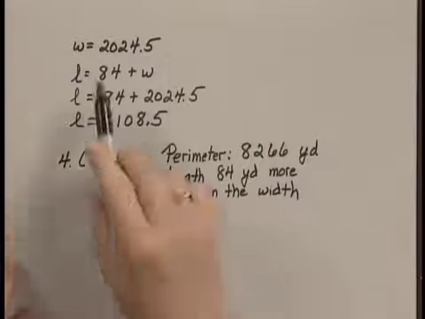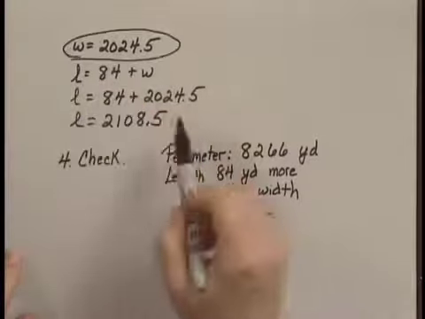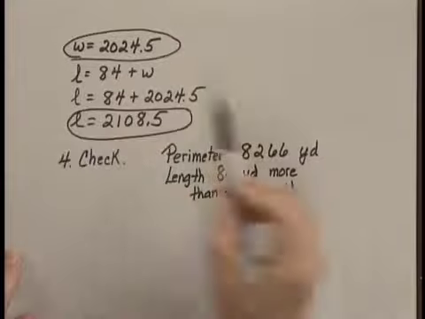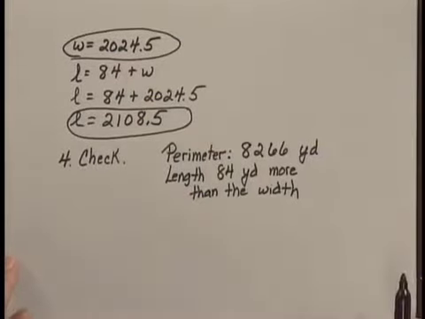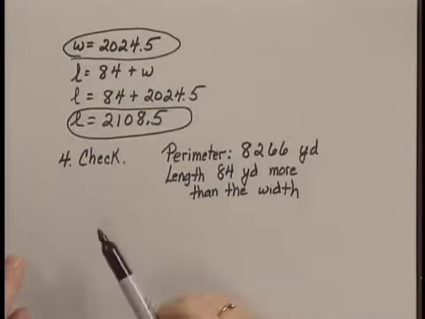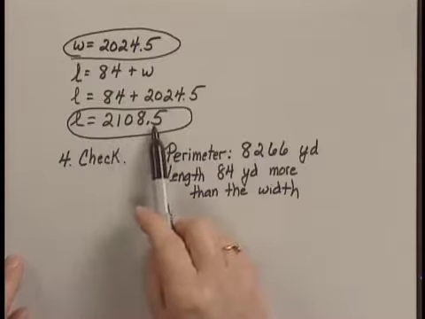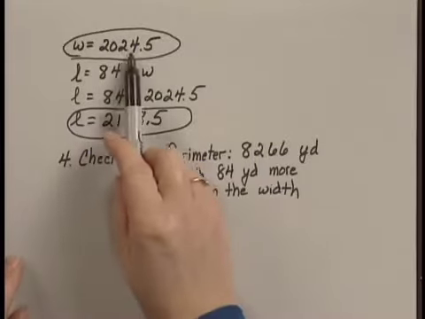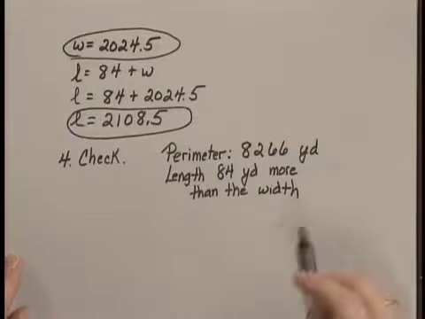So if my W here and my L meet both of those conditions, then I would have a solution of the problem. So first of all, we would check if you would subtract 2,108.5 minus 2,024.5, you would find that the length is 84 yards more than the width.